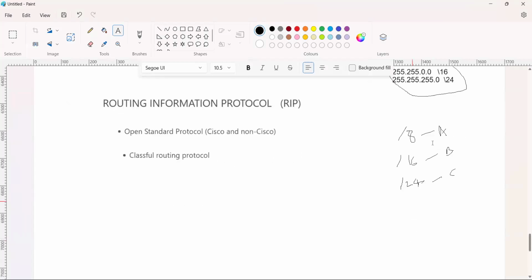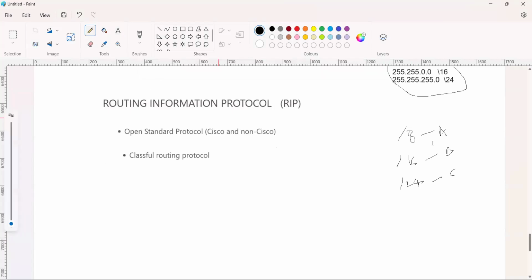If the slash value is 25, 26, 27, version 1 won't carry it; if version 2 is there, it will carry. OSPF, EIGRP and IS-IS work like classless routing protocols. Only RIP version 1 is a classful routing protocol.